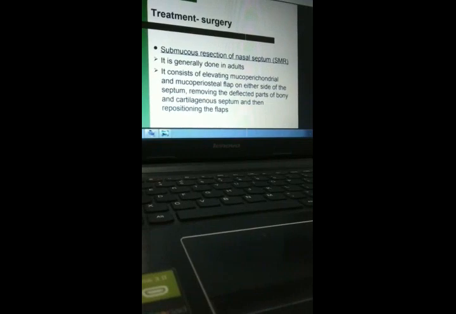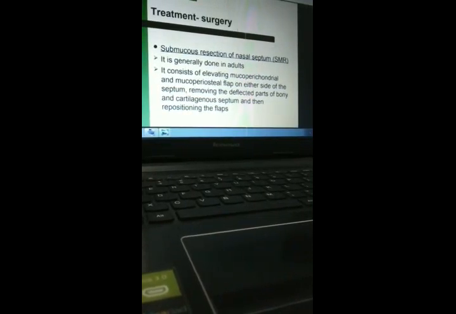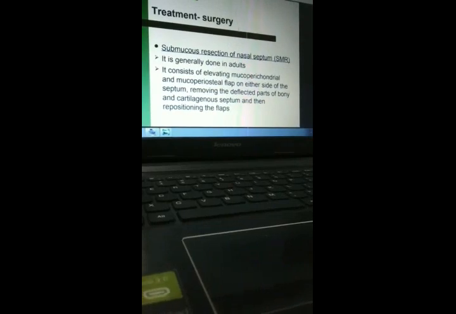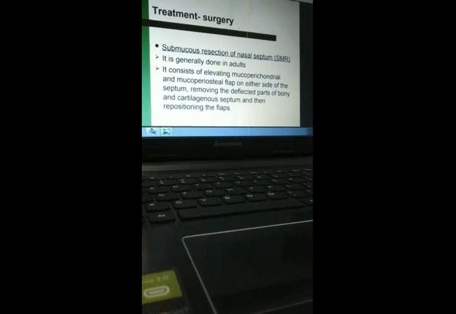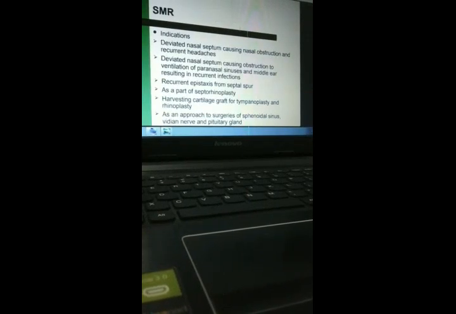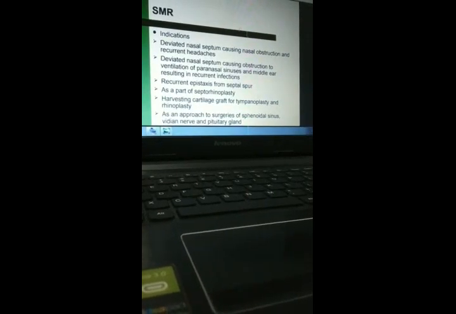So the major portion of the cartilaginous and bony part which is deviated is removed in this operation.